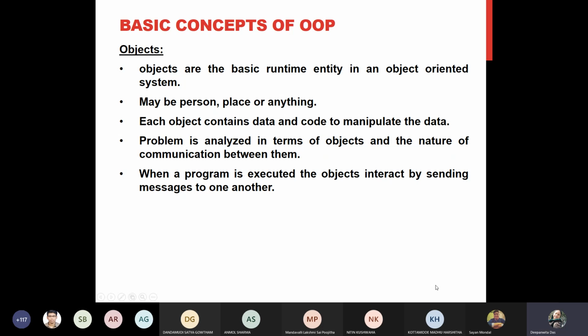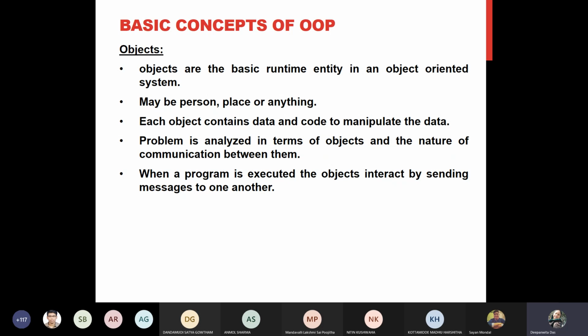So now the thing is, what is an object? We all know that an object is a basic runtime entity. It can be anything in the real world. You can represent a smartphone, a phone, or a vehicle as an object, you can represent a building as an object, or you can represent a student, a person, or a teacher as an object. So how will we be representing it?